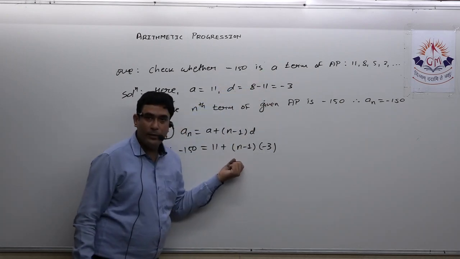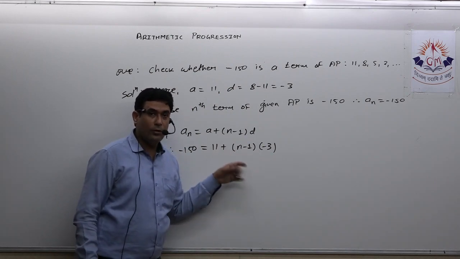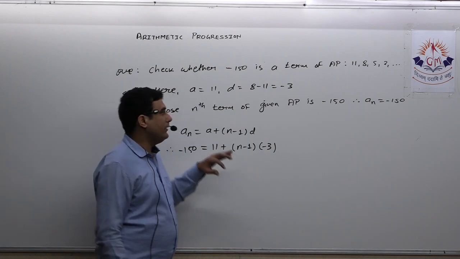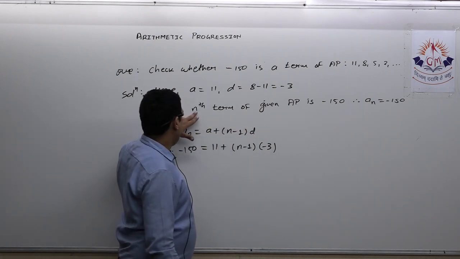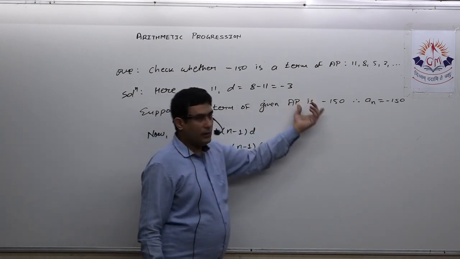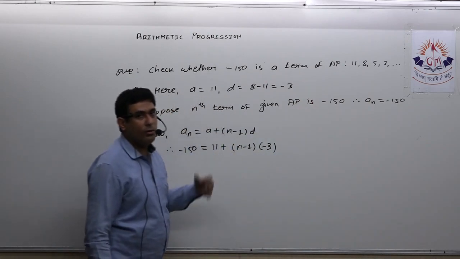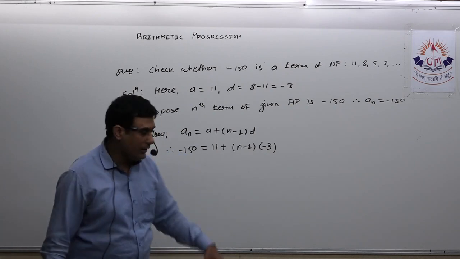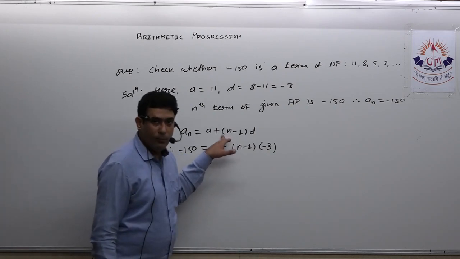For that, n must be a natural number. If n is a natural number, I will say yes, minus 150 is a term of the given AP. If n is not a natural number, it might be a decimal or negative, then definitely it won't be a term, because n is the position.